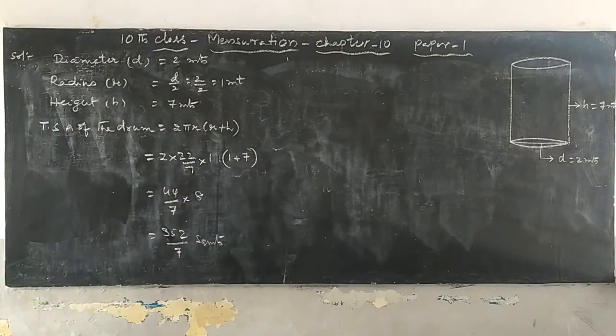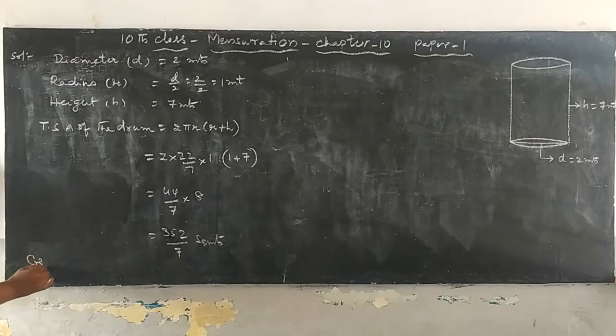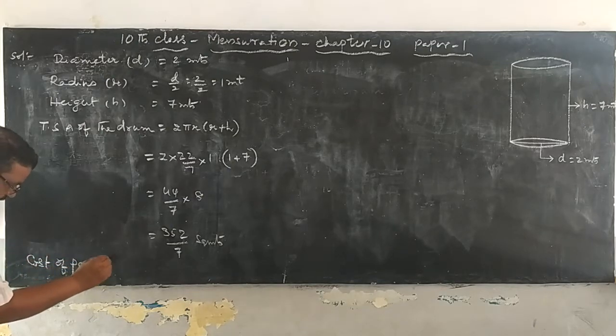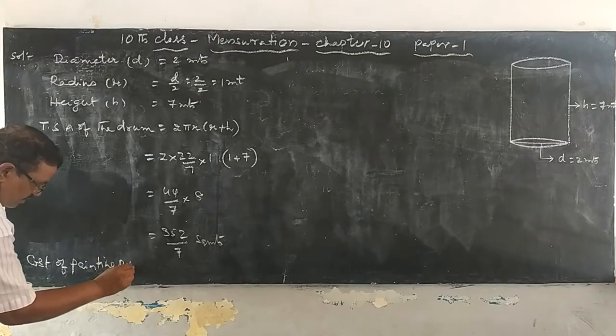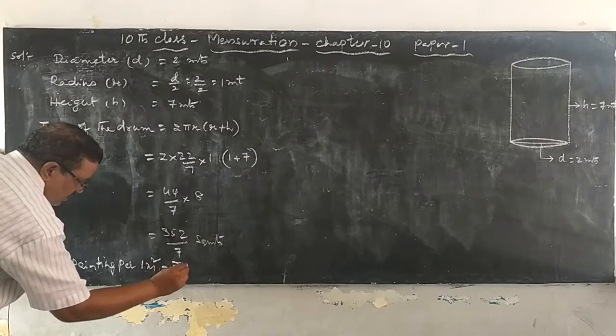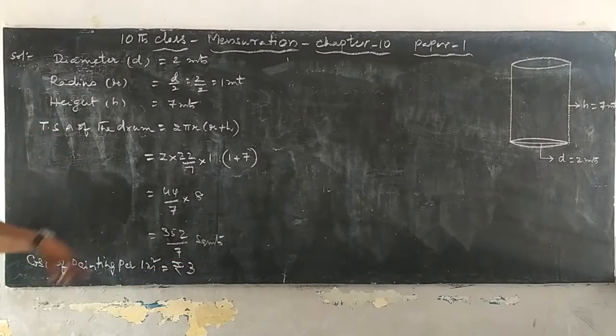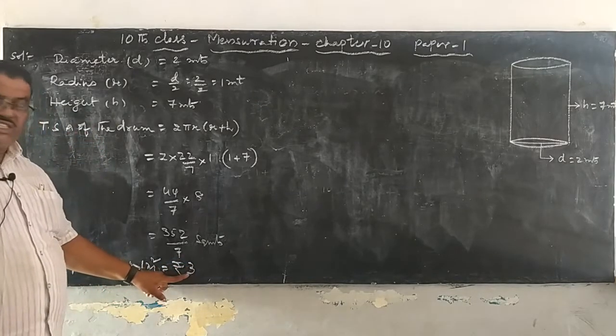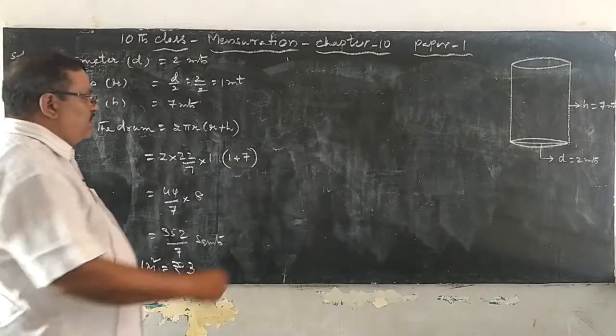Now, the cost of painting. Cost of painting per 1 meter square is rupees 3. When you paint the drum, for 1 meter square how much do they take? Rupees 3.